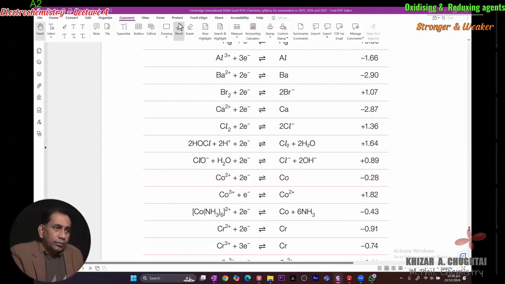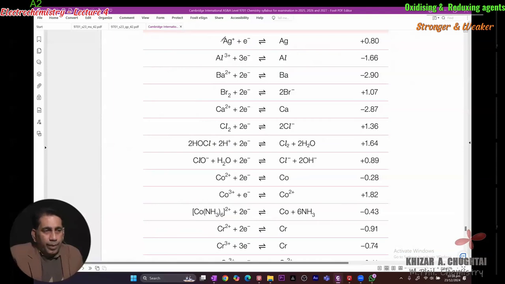Just have a look. In this case, they are all almost the same in terms of electrons. In all these equations, electrons are on the left hand side of the equation.